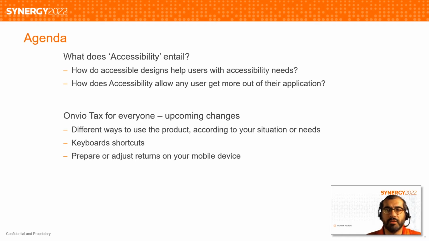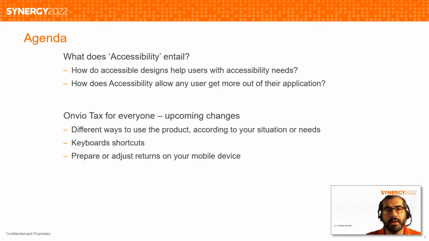So Onvio Tax for everyone, upcoming changes. Firstly, we'll take a look at the different ways our users can use our product, according to their situation or need. For example, some people are more comfortable working on a zoomed in screen. Other folks may need assistive technologies like screen readers.